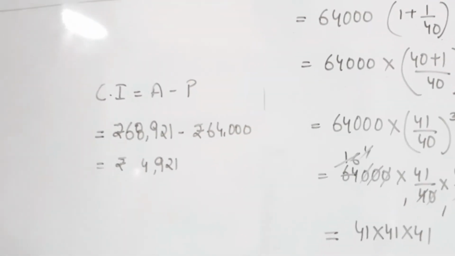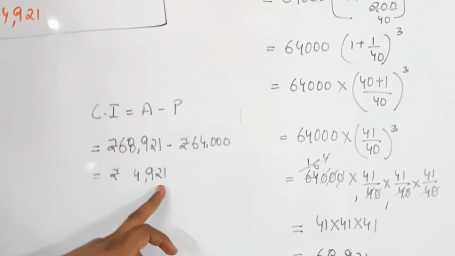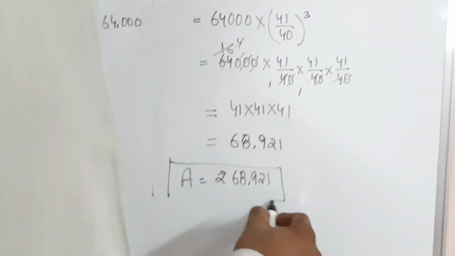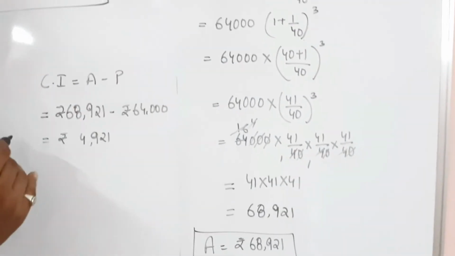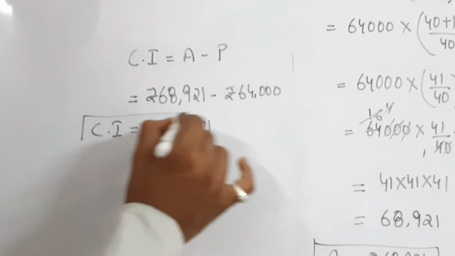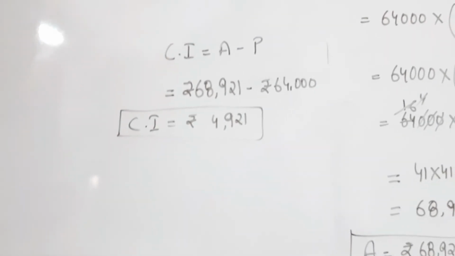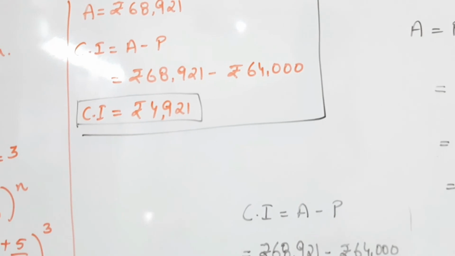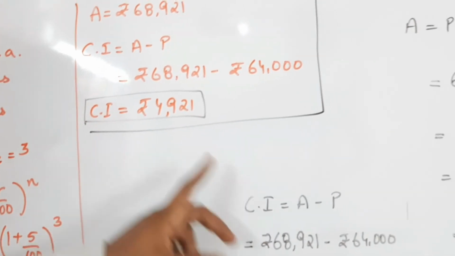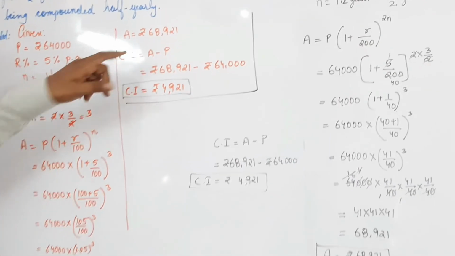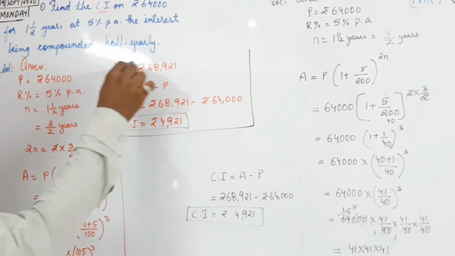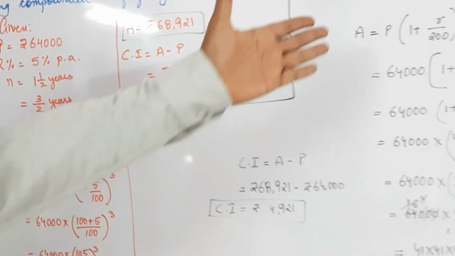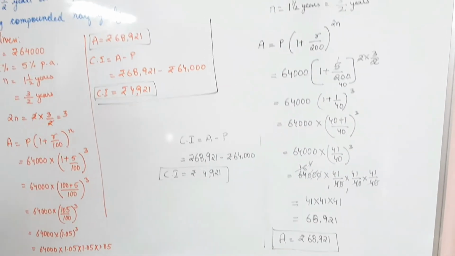So how much did you get? Compound interest is rupees 4,921 and amount is rupees 68,921. Why don't we check what we have done earlier? How much is the compound interest you got? 4,921, the same, and the amount you got as 68,921. So by the help of the formula, we got the same result.